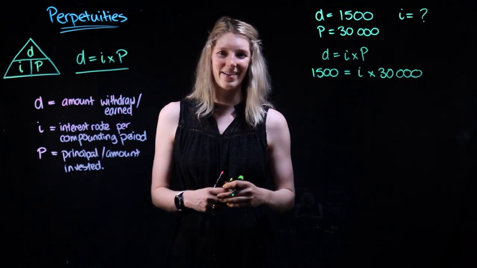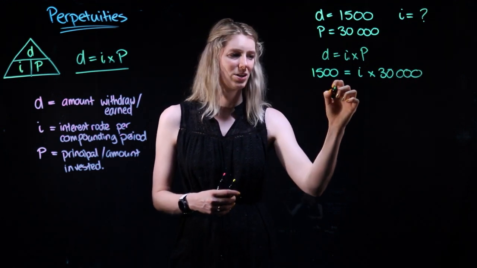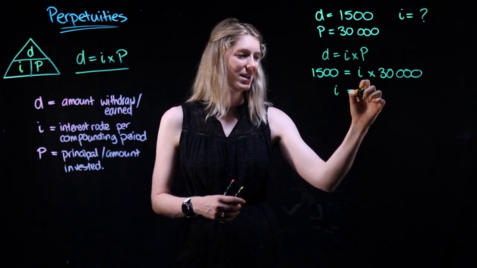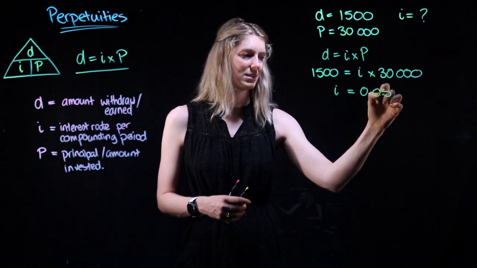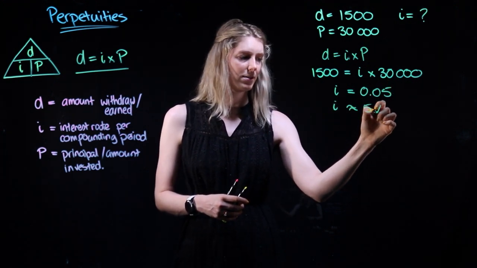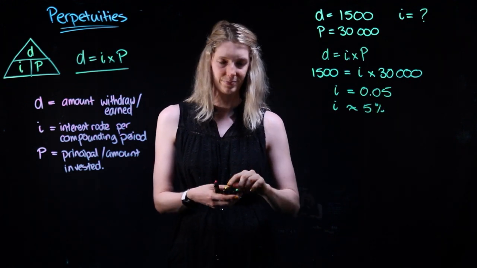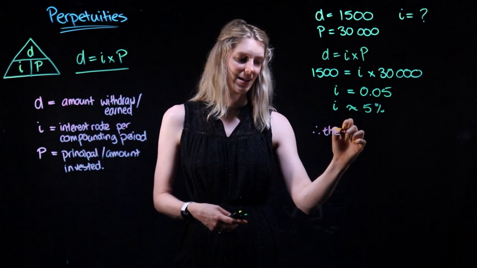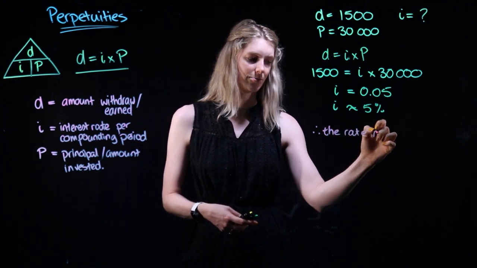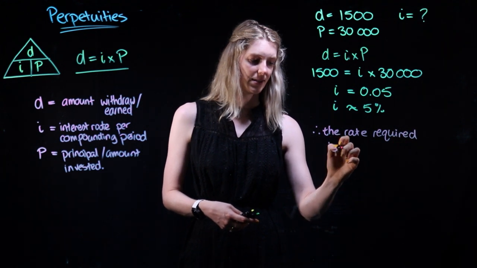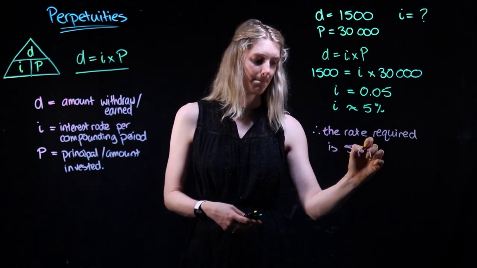Now to get our I value as the subject of our equation, we simply divide both sides by 30,000 to get a value of 0.05, which will be the same as 5%. So for this particular example, we can say that the rate required is 5% per annum.